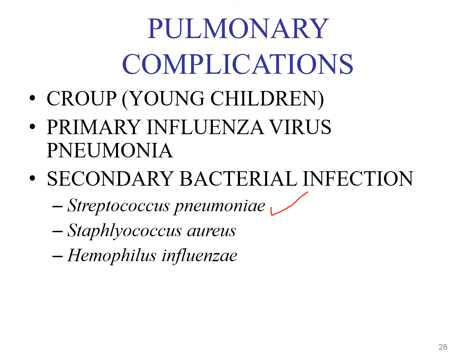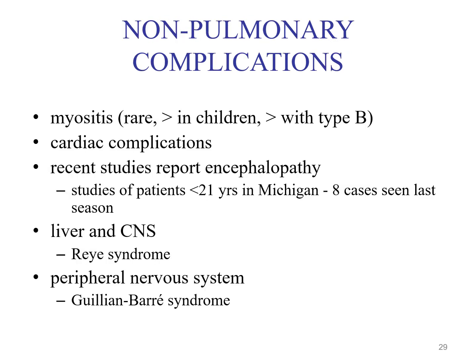Staph aureus can also infect secondary to viral infection. Very rare complications are involvement of the muscles leading to myositis, or cardiac complication, or encephalopathy.